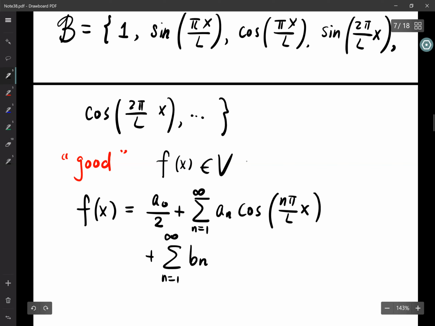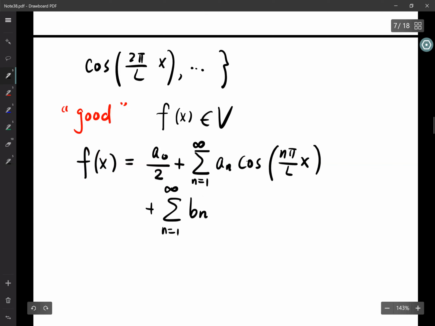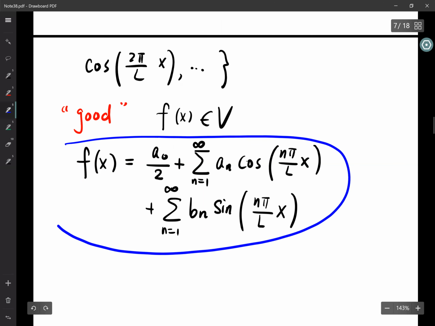Again, the factor 1/2, I have explained that before. And this is b_n sine n pi x over L. So you can think of this as the form of functions we want to consider.